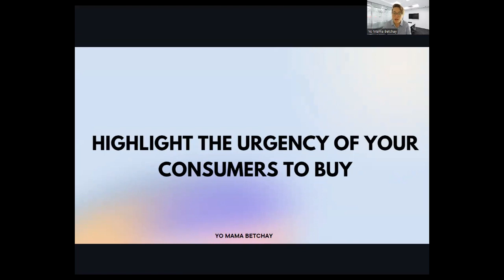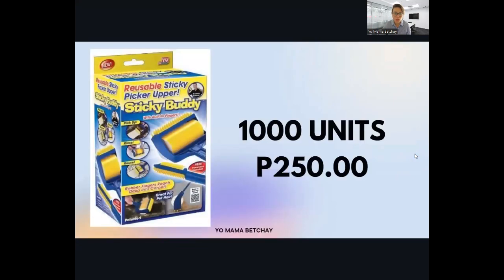So ito, i-share ko to, isa to sa mga secret that I have not revealed in my channel yet. So in 2017, we were actually the first to launch this product. So if you take a look at the screen, ang product po na ito ay itong sticky buddy. It's a sticker picker upper that you can use lalong-lalo na kapag may mga family pets ka at home.